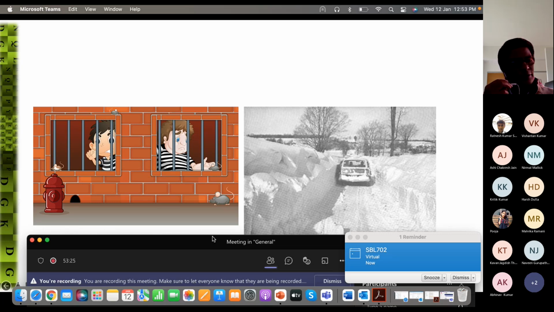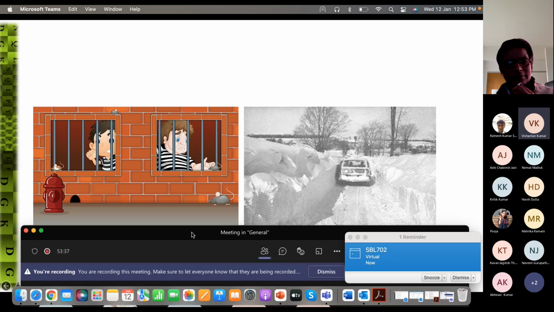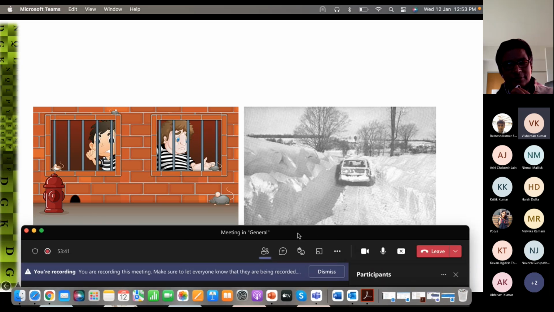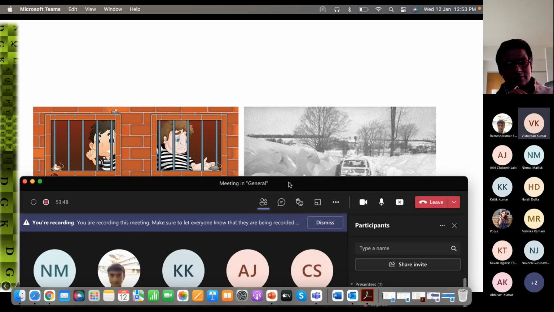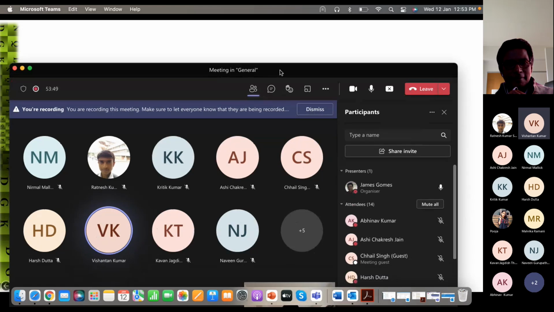Somebody can tell me from among those who have seen this movie. Anybody would like to tell me what the prisoner's dilemma was? It was about two guys who committed a crime and were put in separate cells. The police come to each of them separately and ask them, if you rat the other guy out, then you get a reduced sentence.